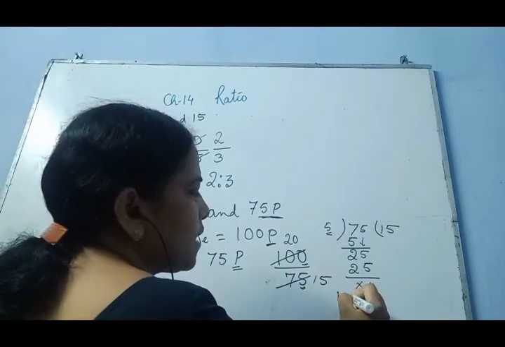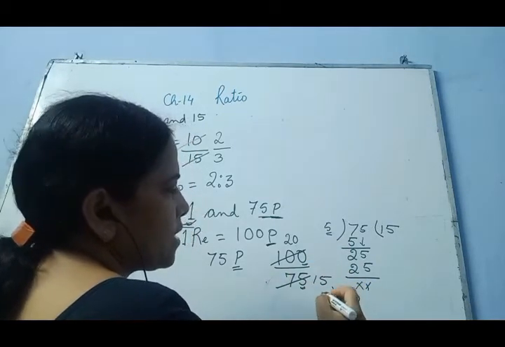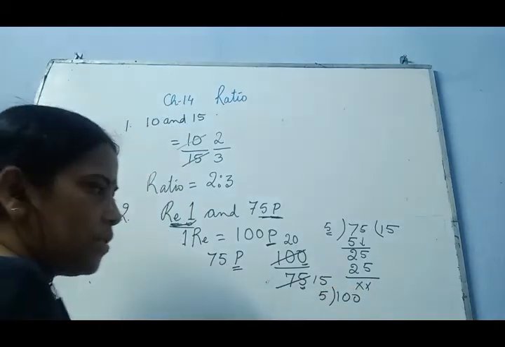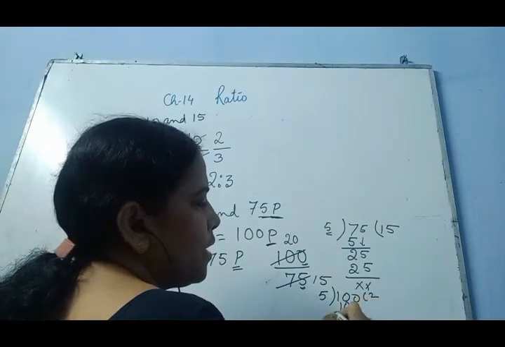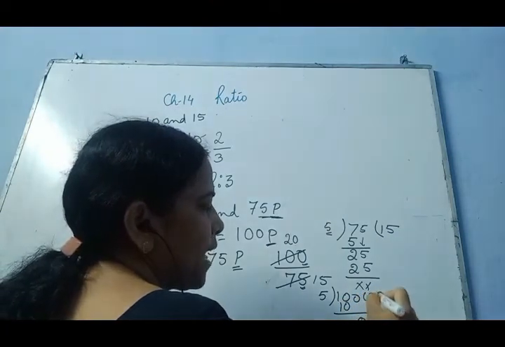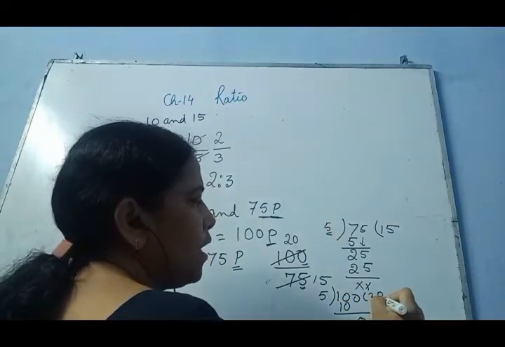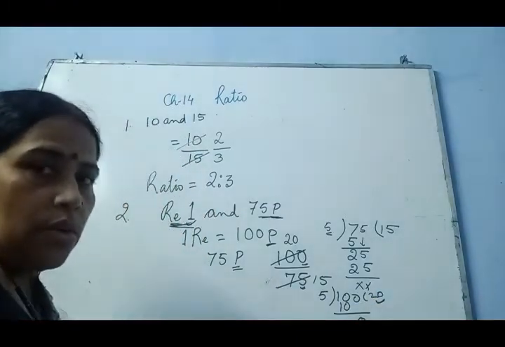Now let us check this also, okay. Let us check whether it is divisible by 5. So 5 2s are 10, write your 2, then this is 0. There is no remainder over here. So this is 20, okay.